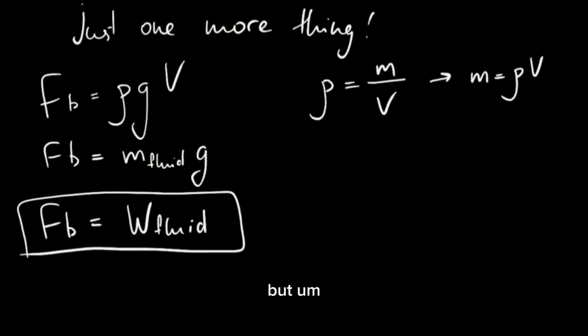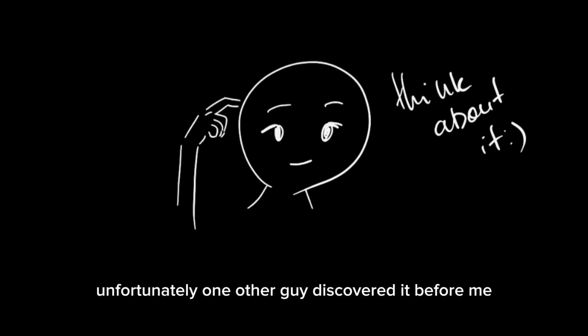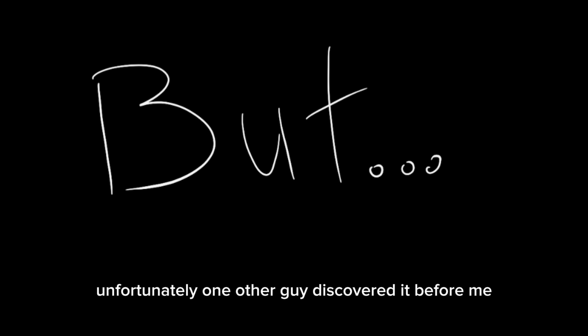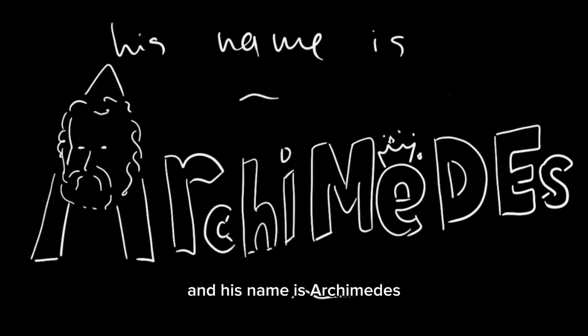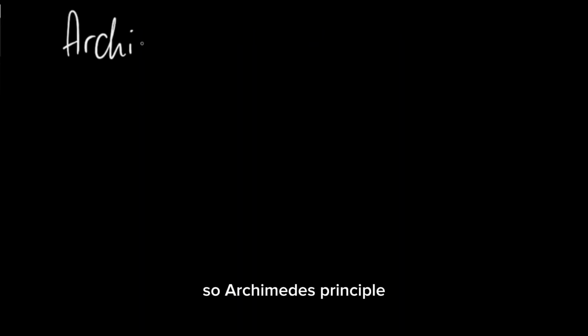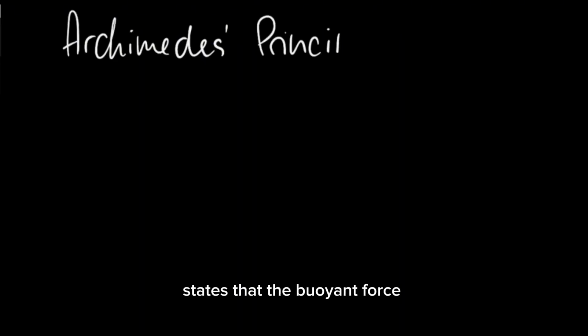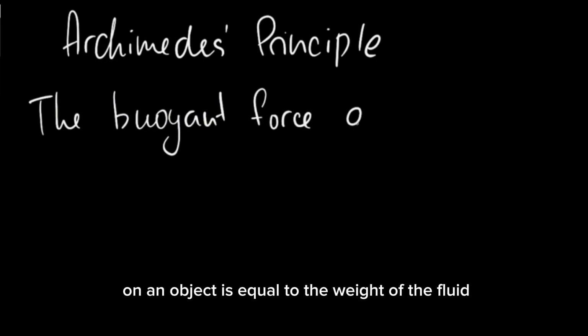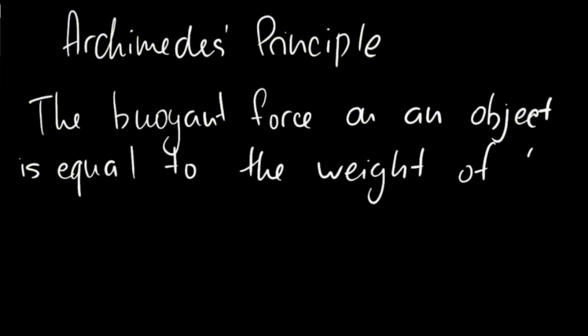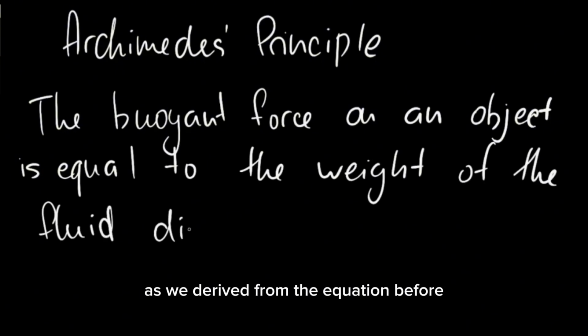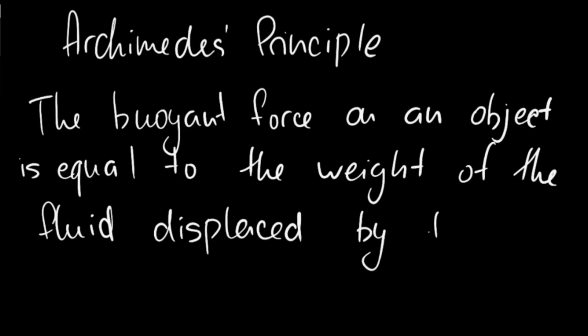But unfortunately, one other guy discovered it before me, and his name is Archimedes. So Archimedes' principle states that the buoyant force on an object is equal to the weight of the fluid displaced by the object, as we derived from the equation before.